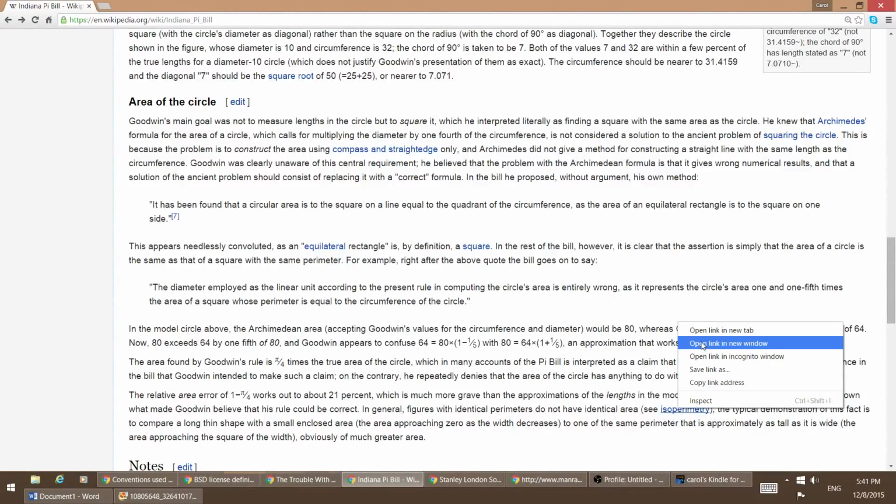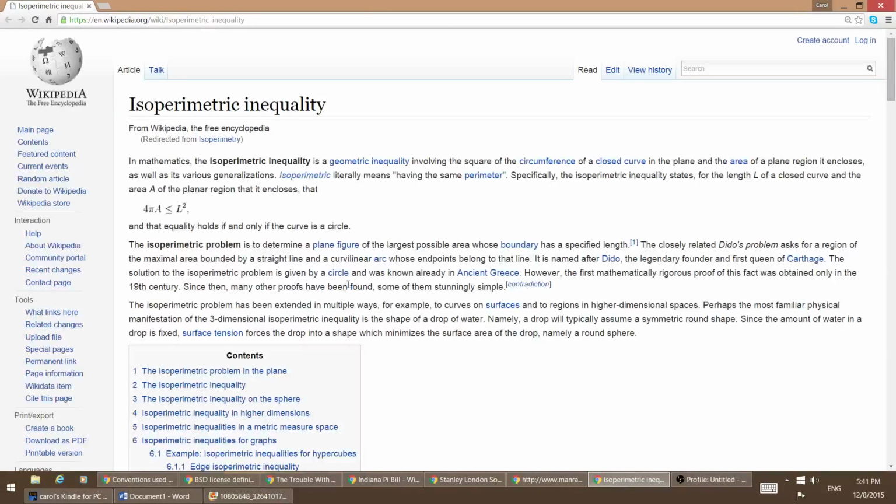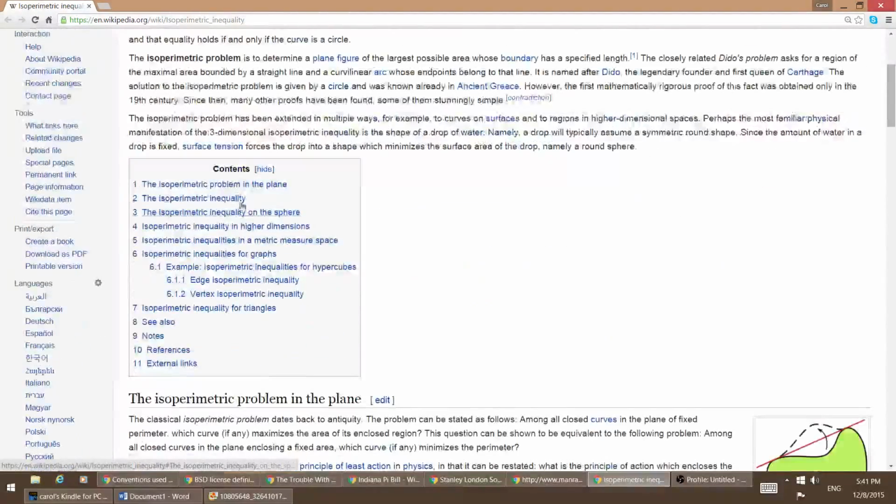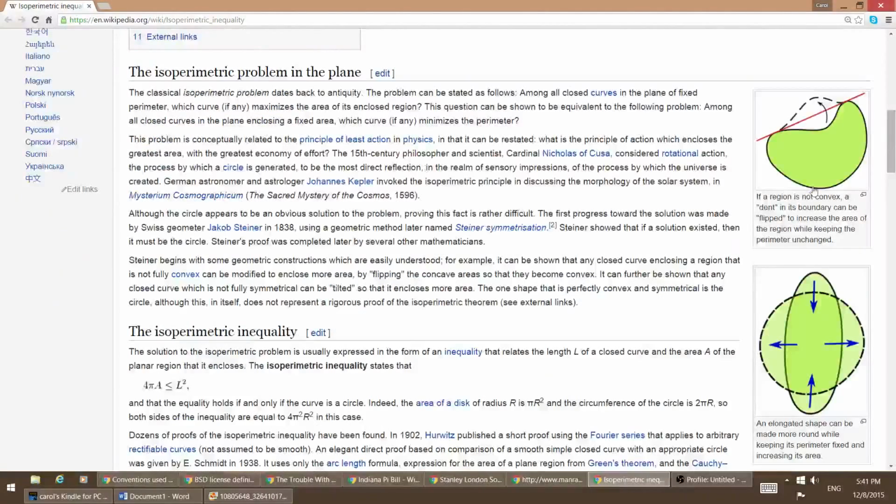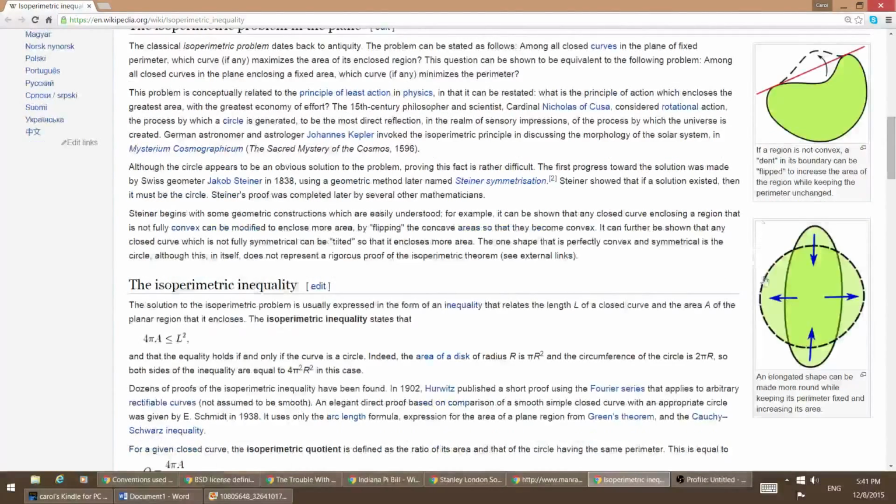Let's see what this is, because I don't know what it is. Let's see right here. That looks like Saturn, the Saturn rings.